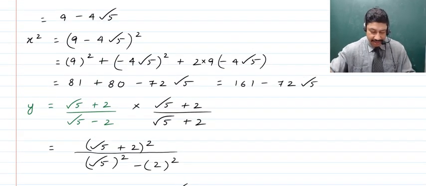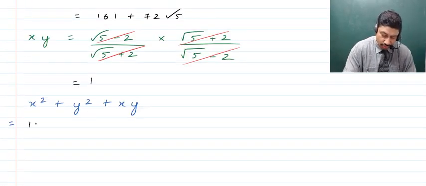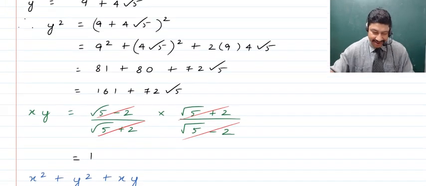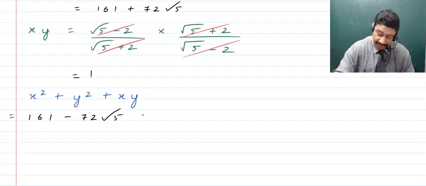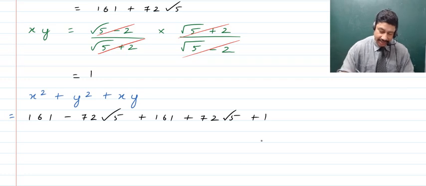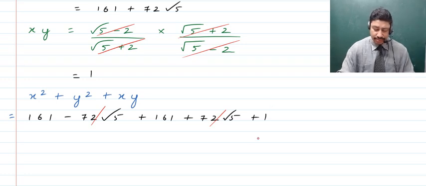So x square was what? 161 minus 72 root 5, to which is going to be added the value of y square, which we got to be 161 plus 72 root 5, and to that is going to be added xy, which is 1. So here children, we find that these two terms, being additive inverses of each other, will get cancelled, as both are identical.